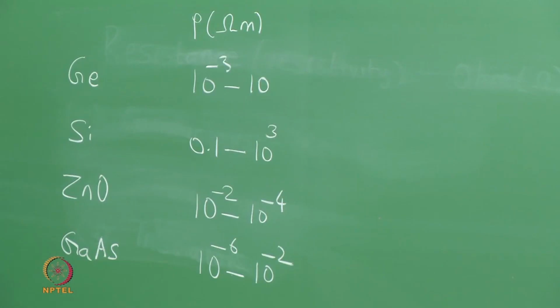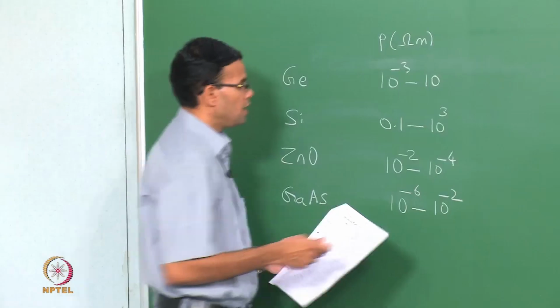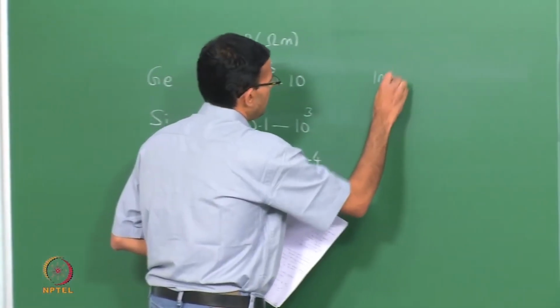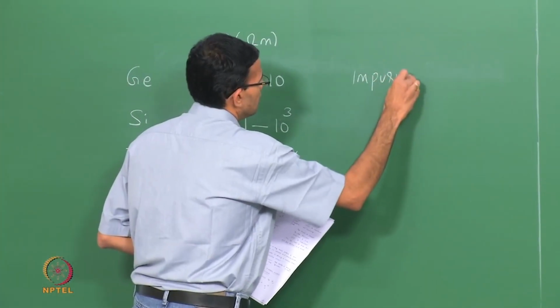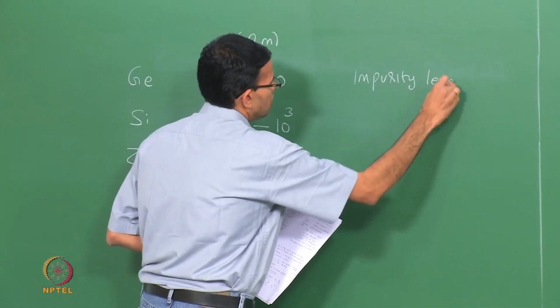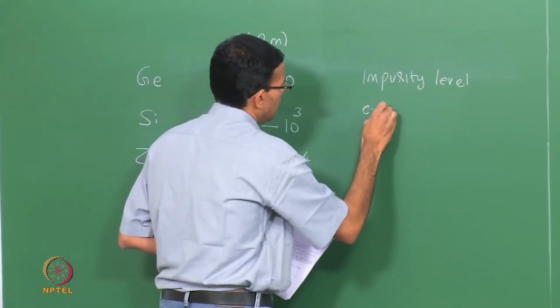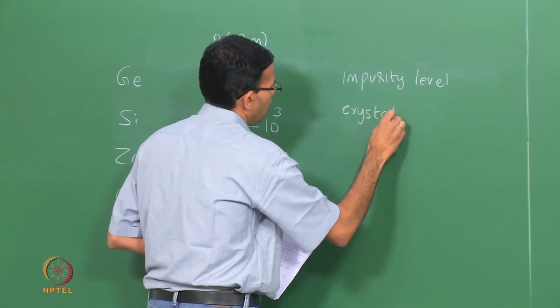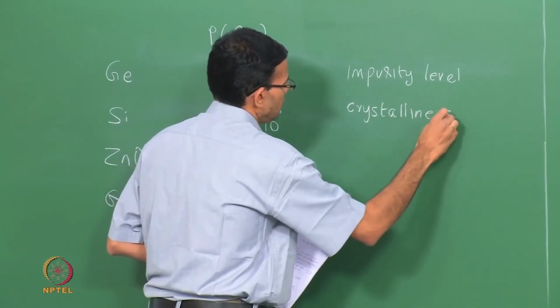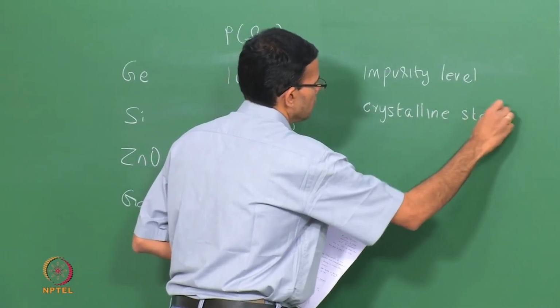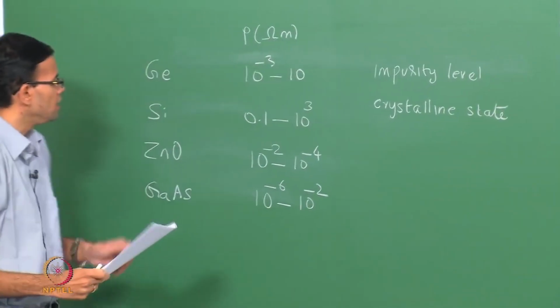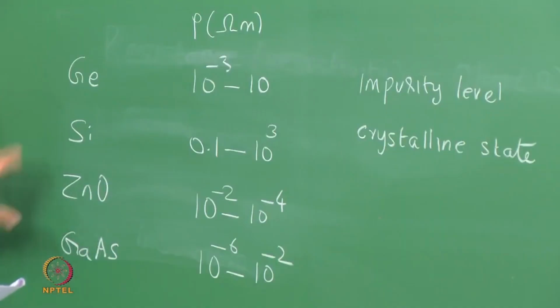In all of these cases, I have given a range of values. The actual resistivity or the conductivity depends upon the impurity level and also the crystalline state, whether you have a single crystal or a polycrystal. So, these are some of the values for resistivity in the case of semiconductors.